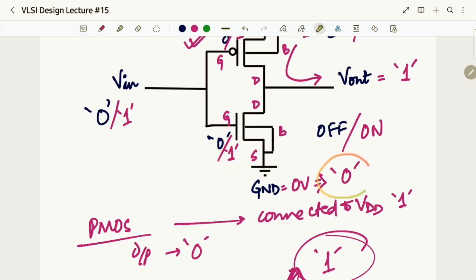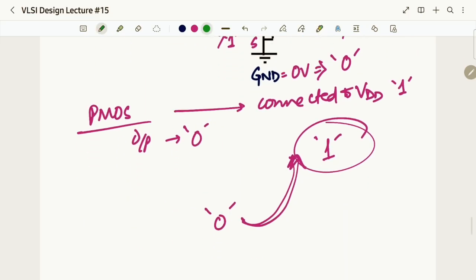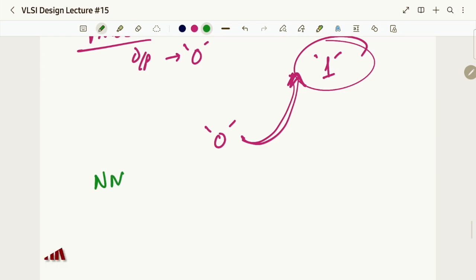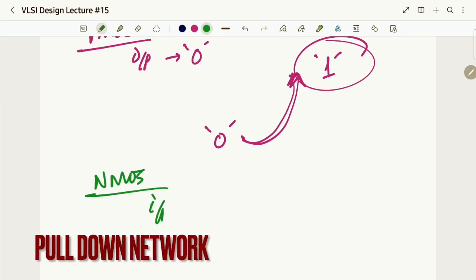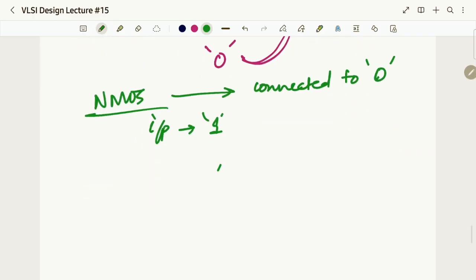What is the ground power rail value? 0 logic. So what will NMOS do? What is the input? We have got a logic 1 as the input, and it is connected to logic 0 or ground, isn't it?